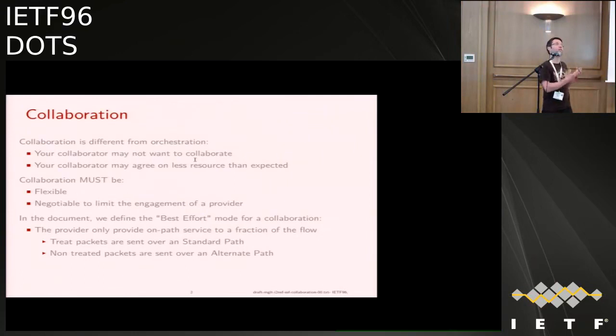So what it's going to say is, okay, I can handle this part, so it might be 10,000 queries per second. I can handle those, but the other I can't. So I have two kinds of flows: flows that are considered treated packets and flows associated to non-treated packets. So that's how we envision the collaboration in a best effort mode. Next slide.